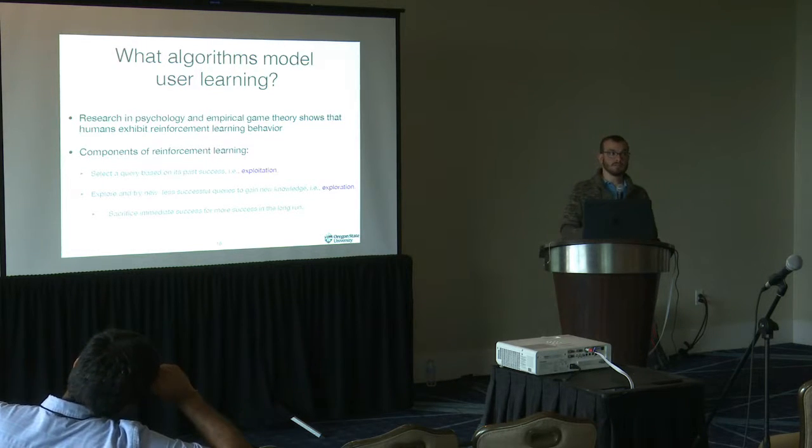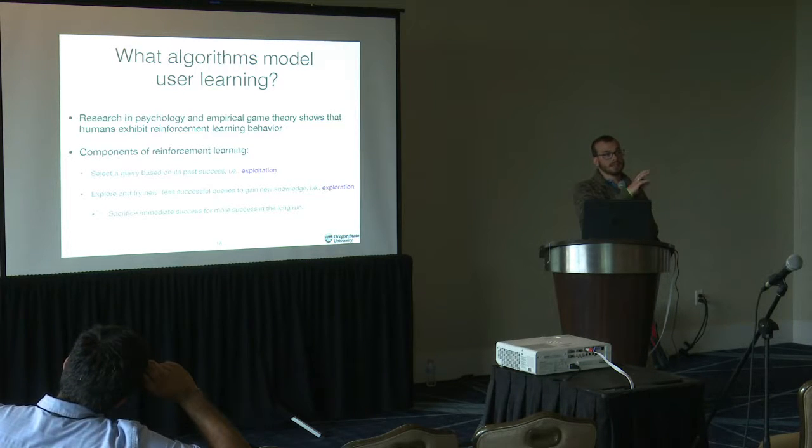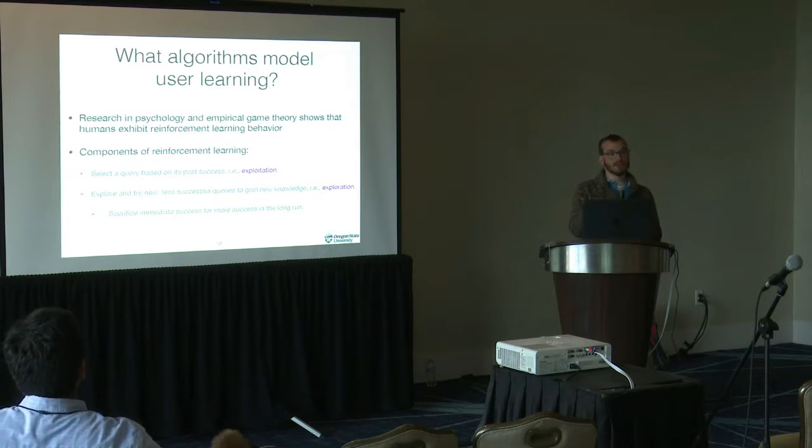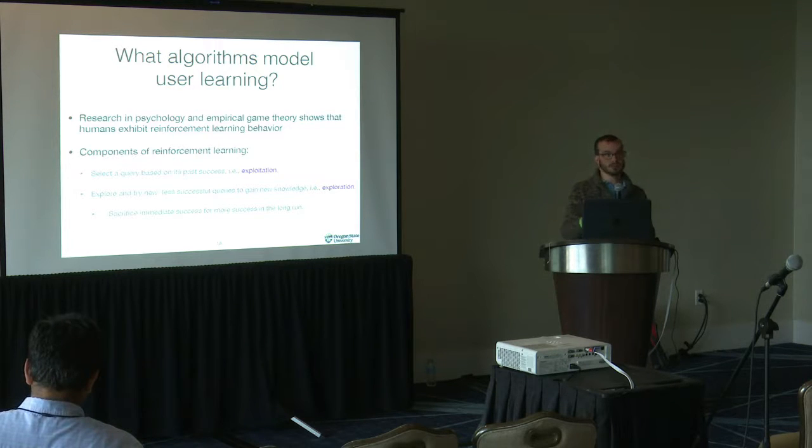Exploitation means that the user is going to select a query based on its past success. The more successful a query has been, the more likely the user is going to select it again. Exploration means that the user may try new, less successful queries, hoping to get a better payoff in the long run. They might sacrifice some immediate payoff: they submit a query, it doesn't do so well, but maybe over the long term it does better.